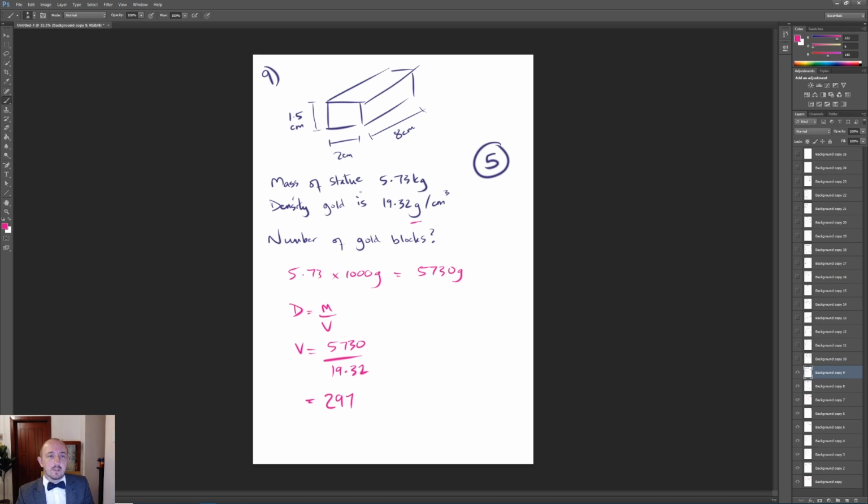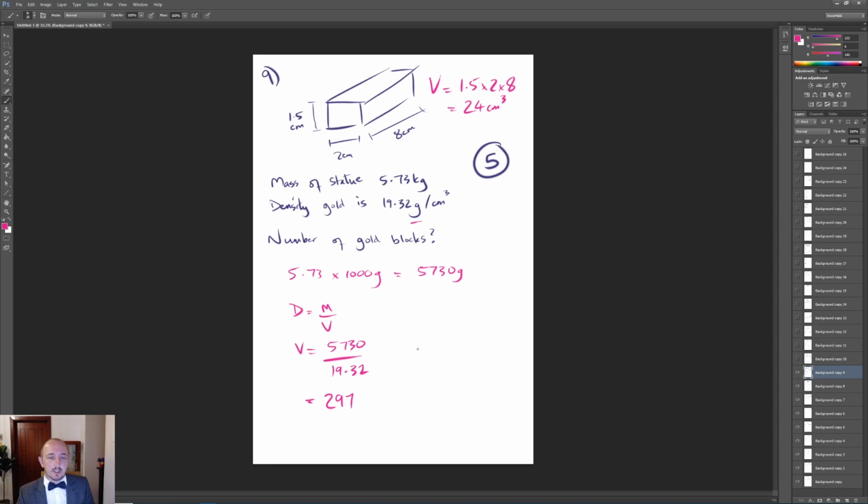And then the volume from each block is going to be 1.5 times 2 times 8, which is 24 centimeters cubed. So we're basically trying to find how many 24s go into the whole statue.